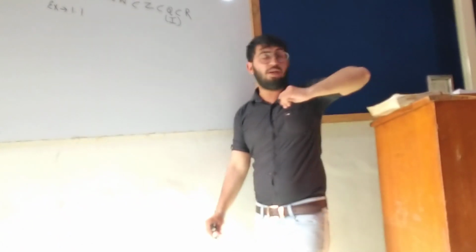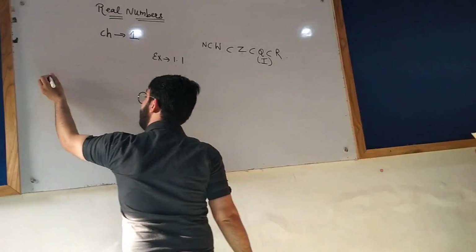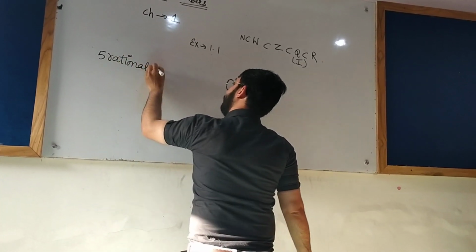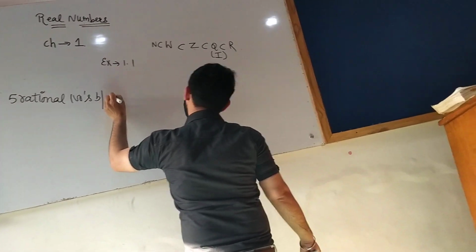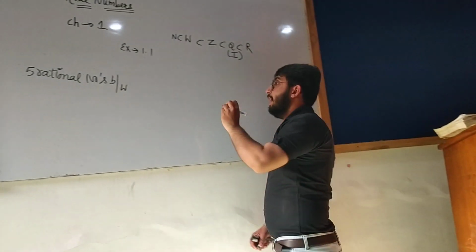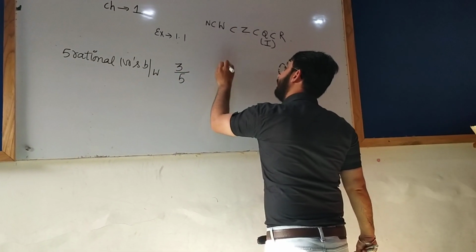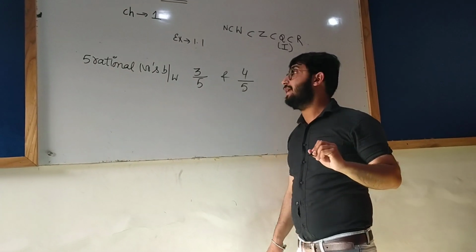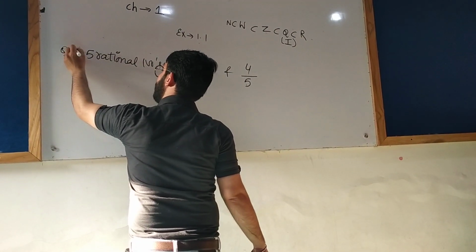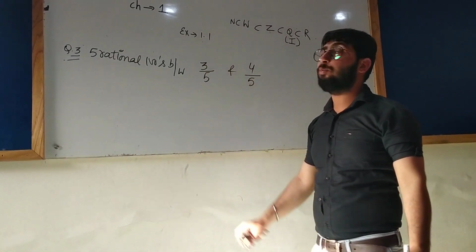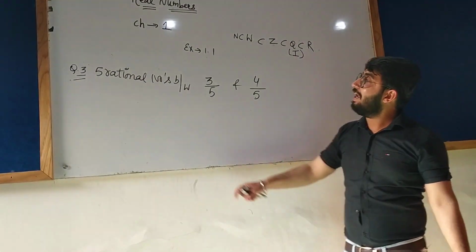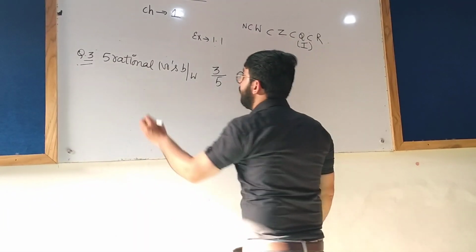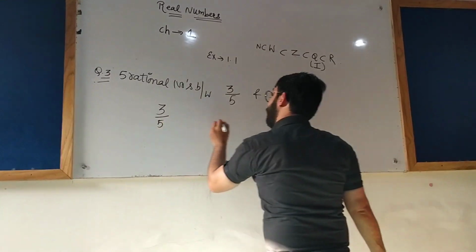We have to find 5 rational numbers between 3 by 5 and 4 by 5. The procedure is the same. We are doing question number 3 of Exercise 1.1. Let us understand now how to do it. 3 by 5, 4 by 5.